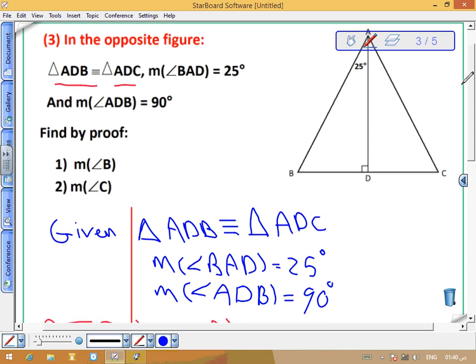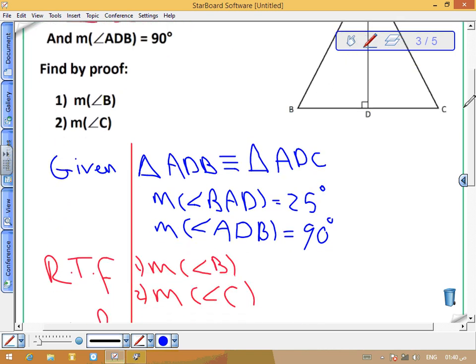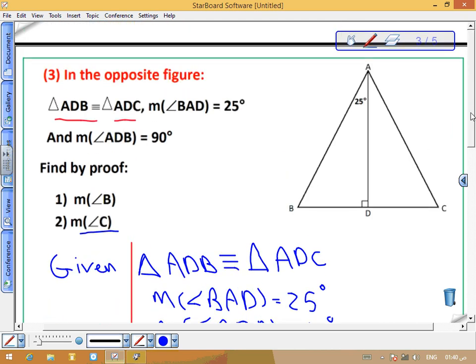To find the required number 2, which is finding measure of angle C, we have studied before in congruence, if two triangles are congruent, then each side and each angle in one of them is congruent to the corresponding element in the other triangle.